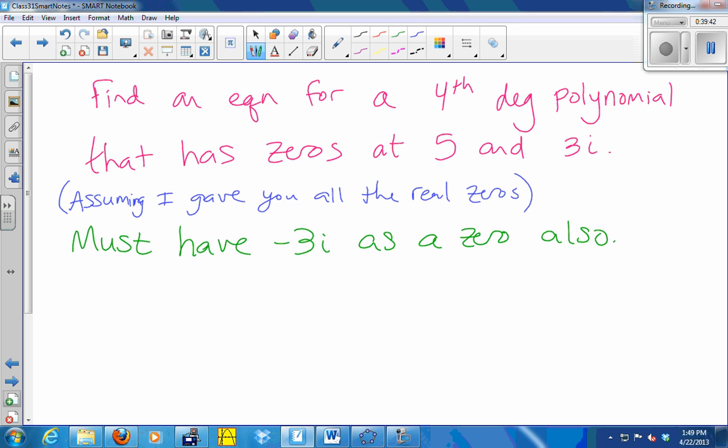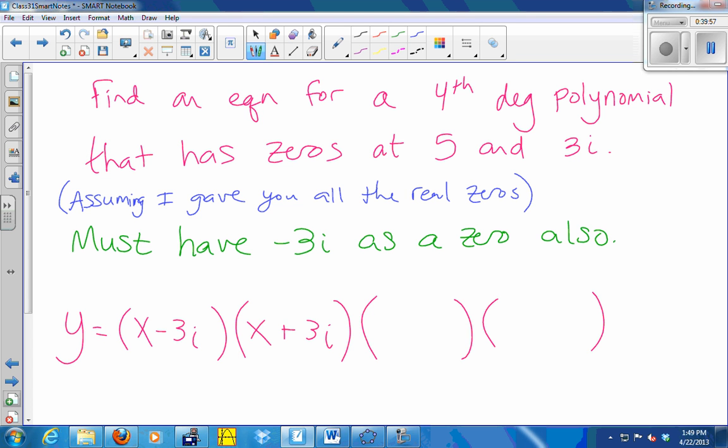If it's a fourth degree polynomial, I have to be able to write it as a product of 4 factors, right? And I have 3i, -3i, and 5. x minus 3i, x plus 3i, x minus 5.